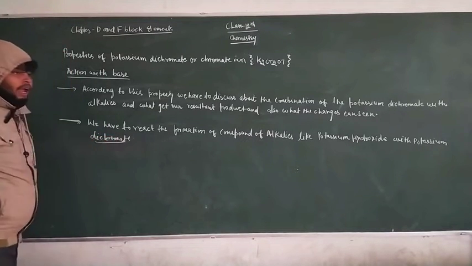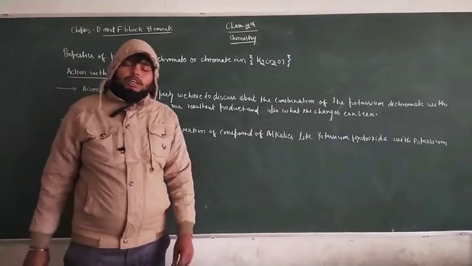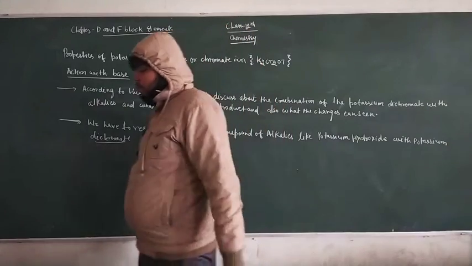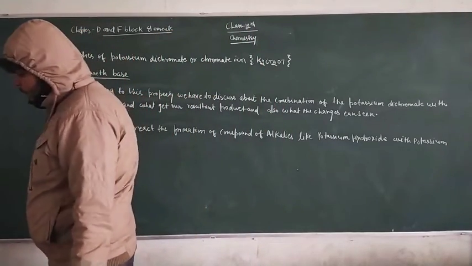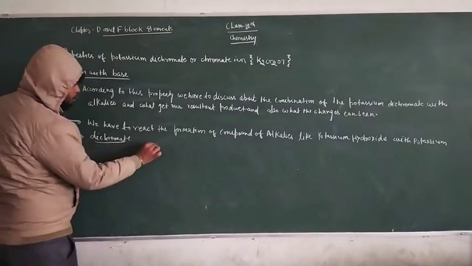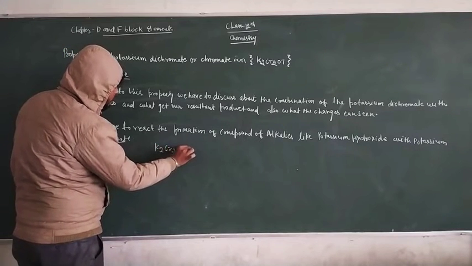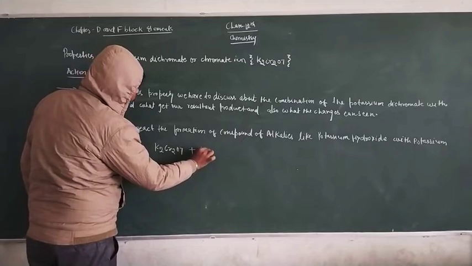That means our reactants are potassium dichromate and potassium hydroxide. We have to write this as K2Cr2O7 plus KOH.